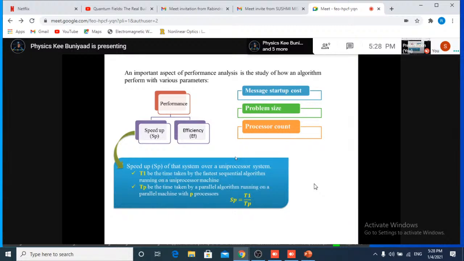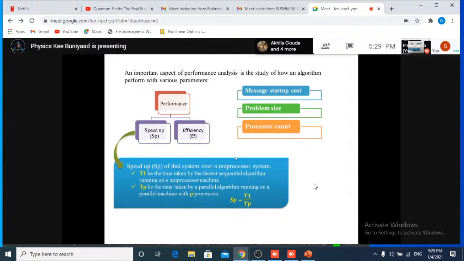Again, if we execute a parallel algorithm on a machine having P processors, and we complete that task in, suppose, the time TP. So to calculate the speedup of our algorithm in comparison to the sequential algorithm, we will simply calculate the time taken by the sequential algorithm divided by the total time taken by the parallel algorithm on a machine containing P processors.